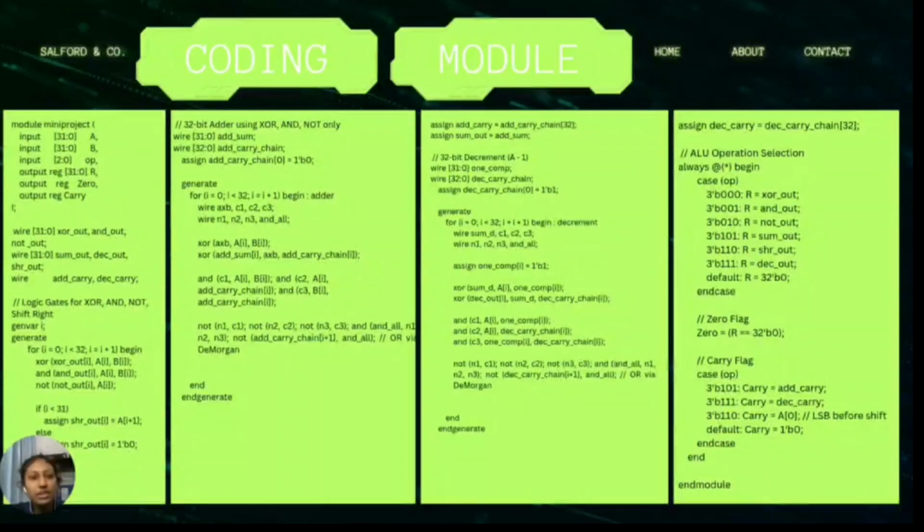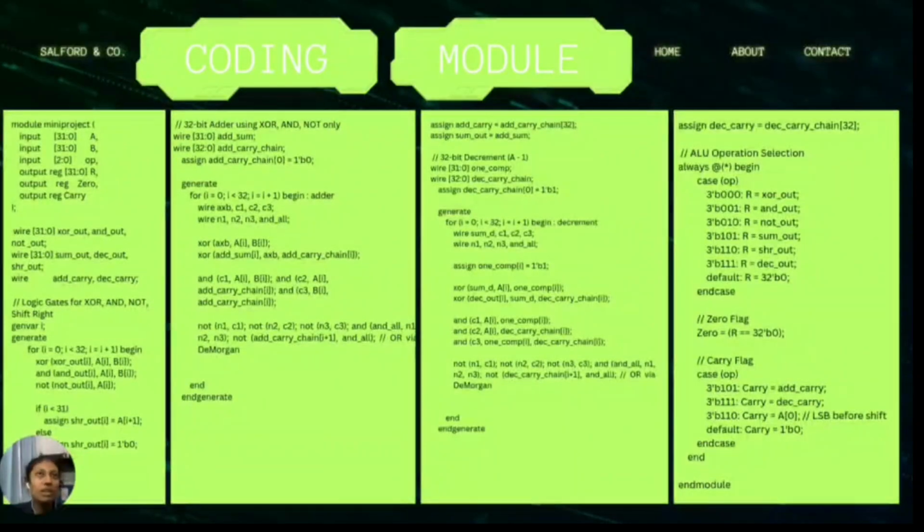So we generate I as the data, and for this data it starts with 0 and we add 1 until it reaches 32, the XOR and NOT goes through this bitwise operation. And if the I is less than 31, we have assigned the shift right output to actually add in 1.